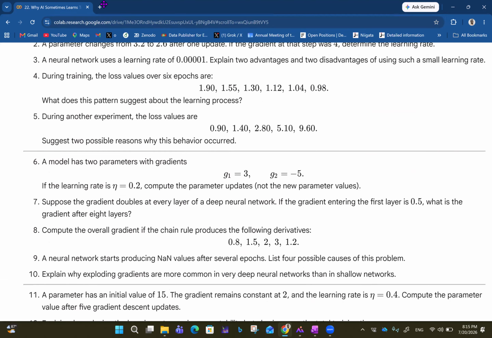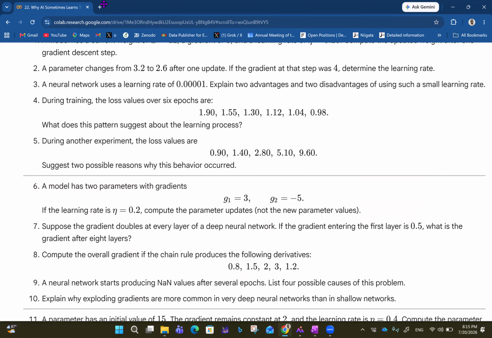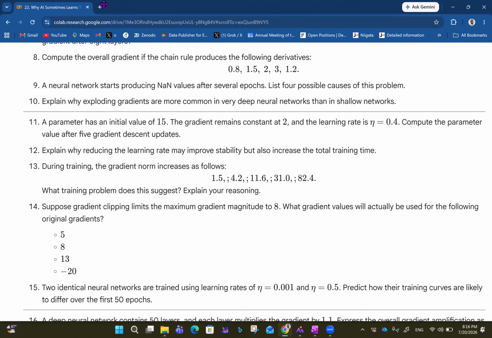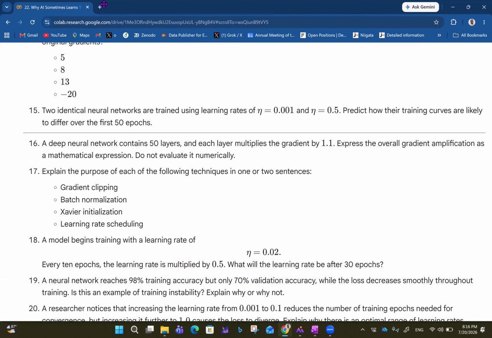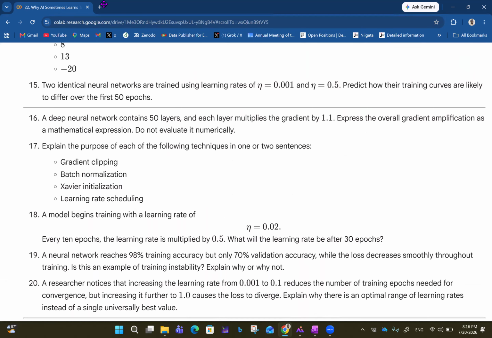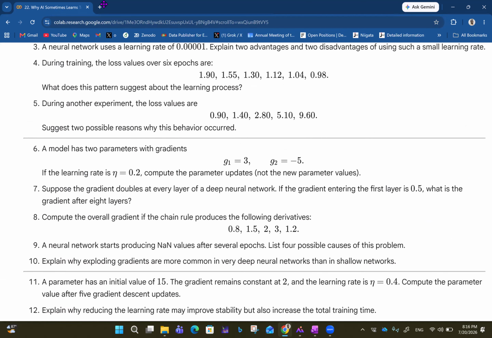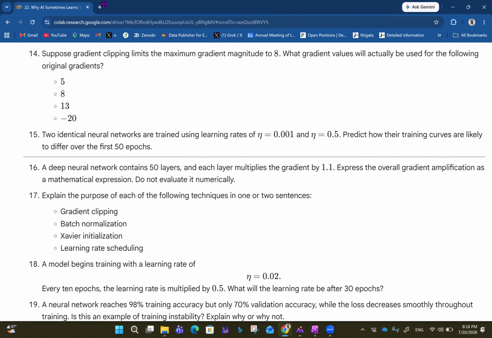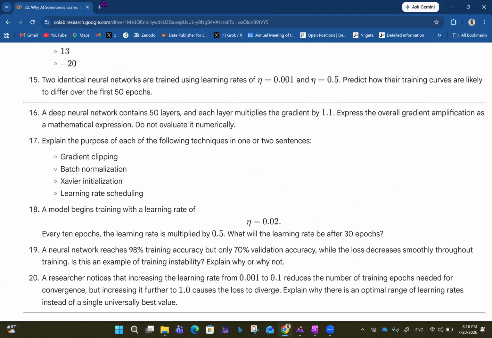Then you can see 6 to 10 here, then 11 to 15, and finally 16 to 20. I already took care of problem 7 and, of course, 18. So try your hands on the rest and see how well you get the gist.